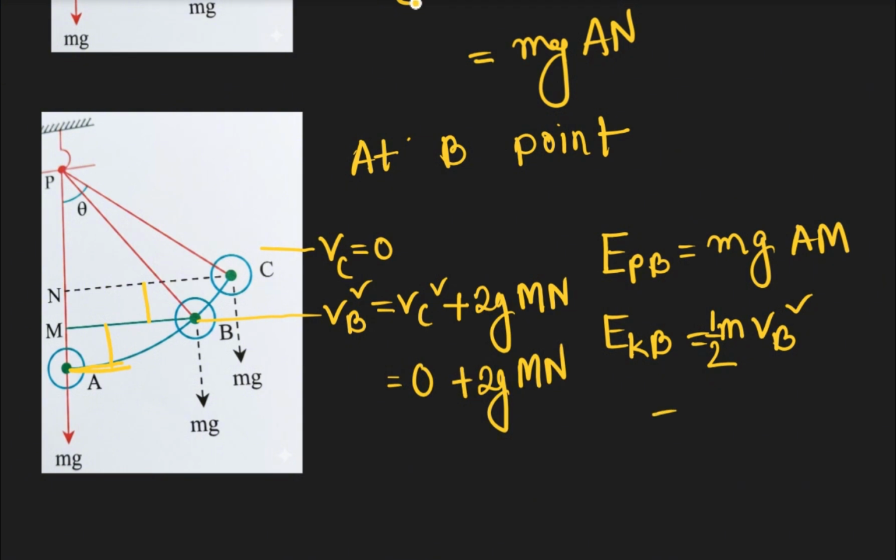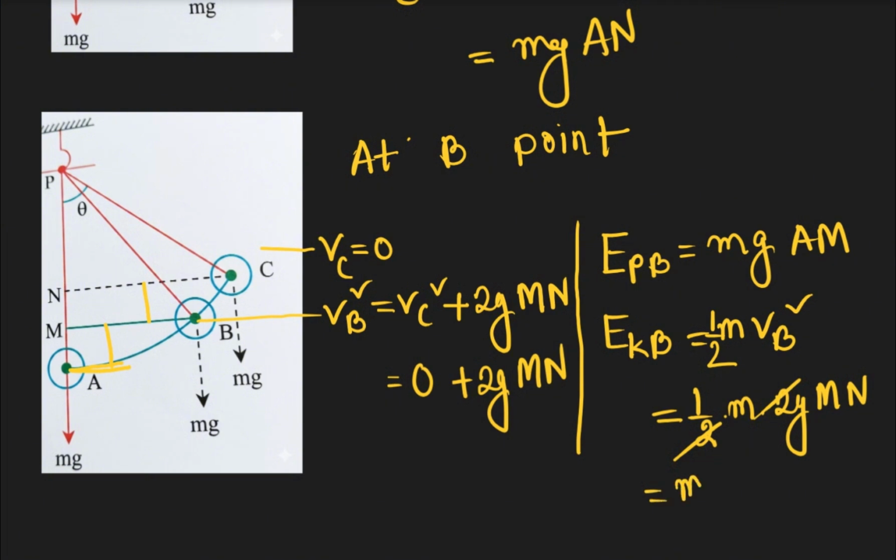So we write half m, and Vb squared means 2g MN. So these two cancel out, so we can write mg MN.